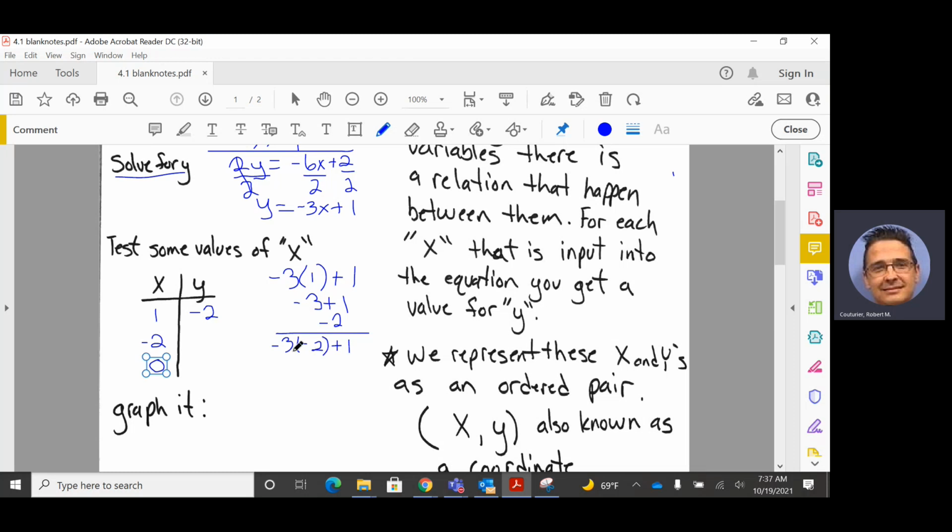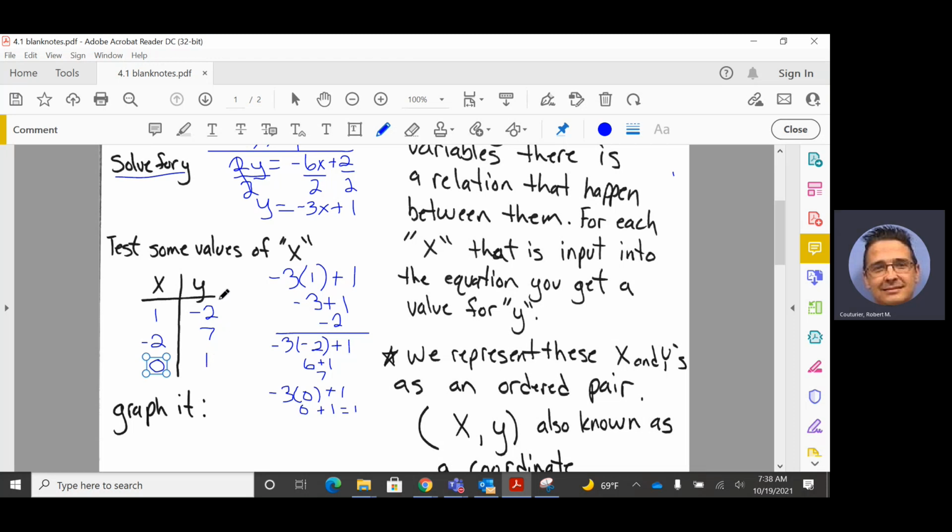Well, -2 times -3 is a +6. 6 plus 1 is 7. Now we're going to plug in a 0. Well, -3 times 0 plus 1. -3 times 0 is 0, and 0 plus 1 equals 1.